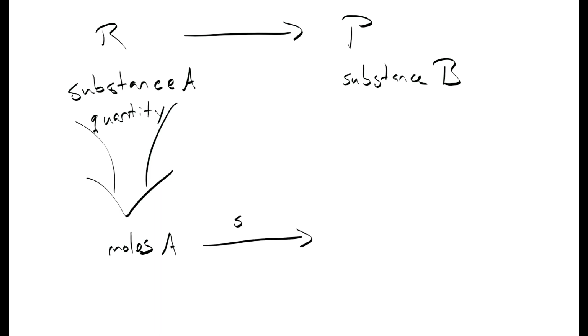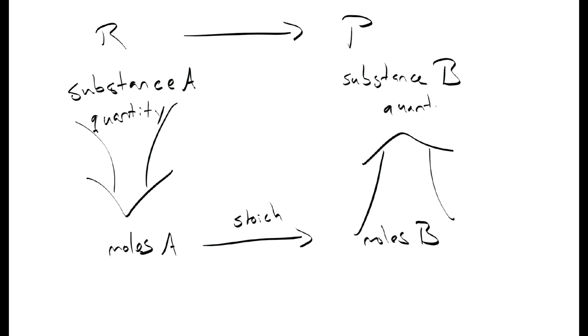Then you convert, using stoichiometry, to moles of B. And whatever I asked you for, that's what you convert into that quantity of B. So it could be mass, I could just ask for moles, or it could be molarity or anything like that. Okay. So you just look for the conversion factors you have, look for the reaction you have, balance it as necessary.